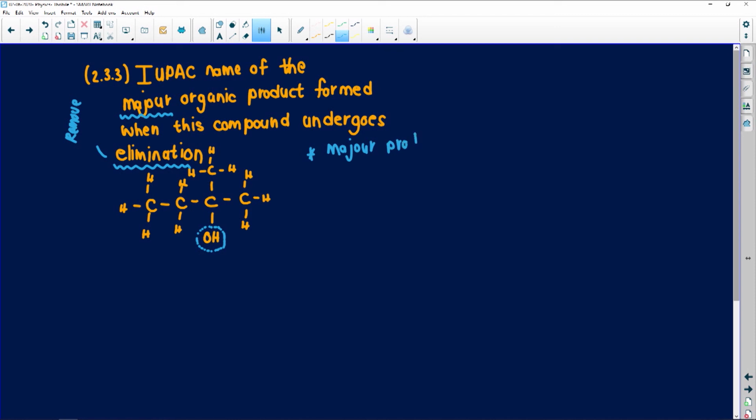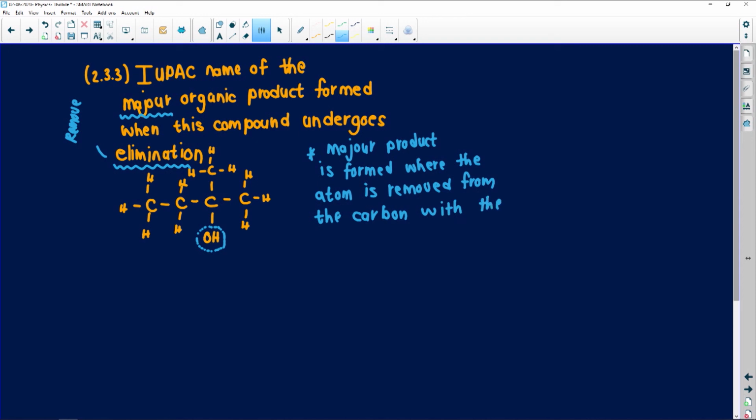Major product is formed where the atom is removed from the carbon with the least hydrogen atoms.